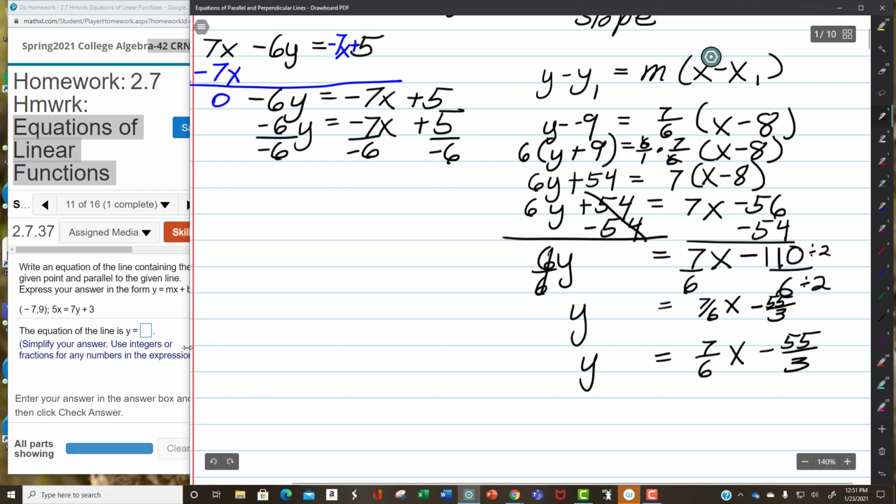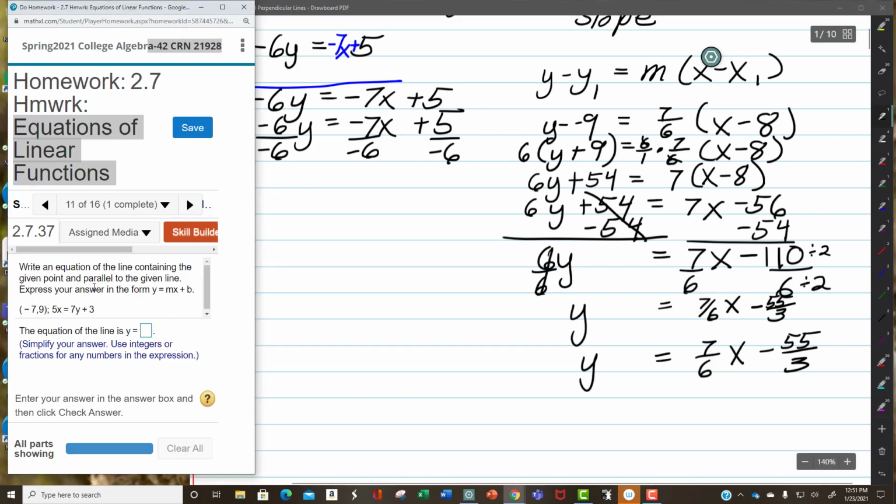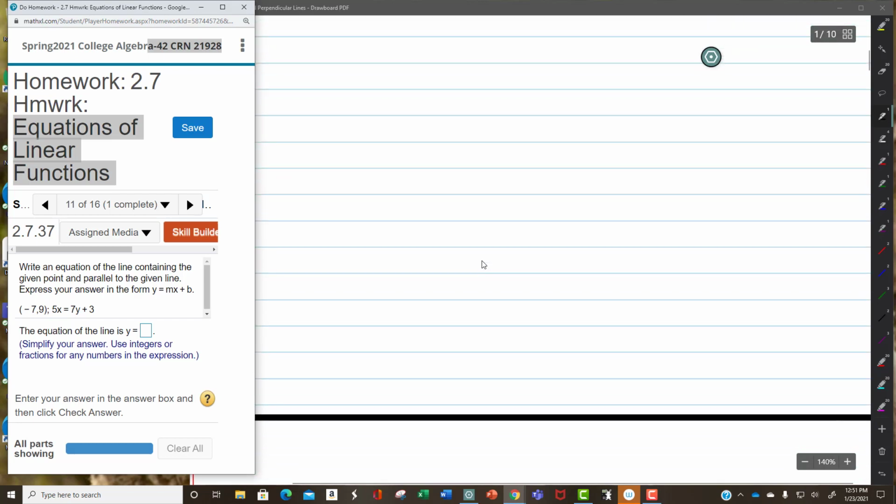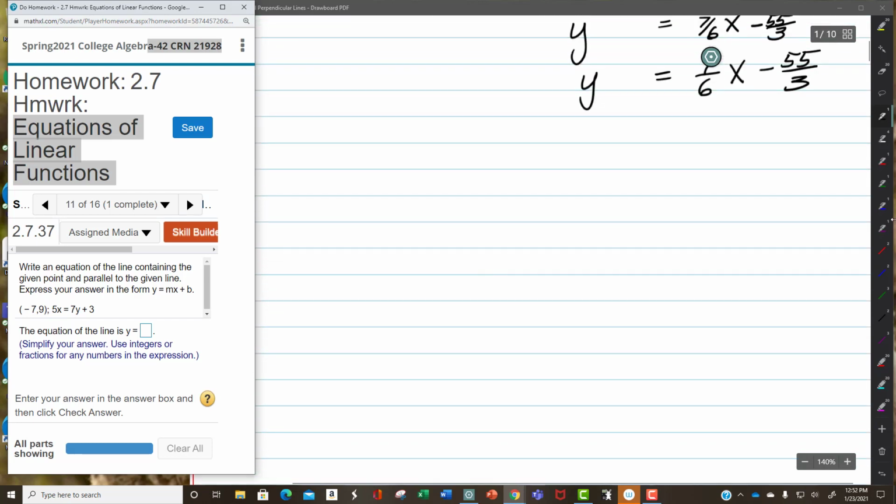There now. All right, this is another parallel line, parallel to this line, and going through this point. All right, this is number 11.